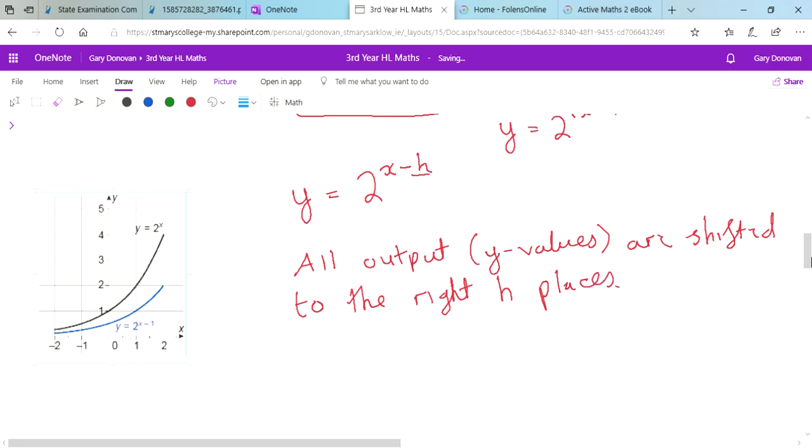So on a black graph it's here for y equals 2 to the power of x, but if we add this minus 1 here, we go one place to the right, one place to the right.